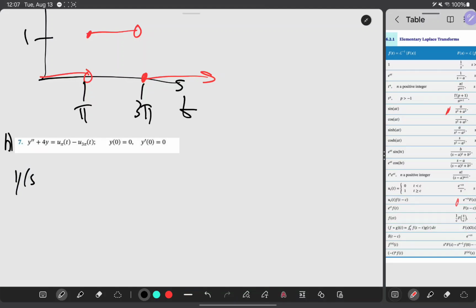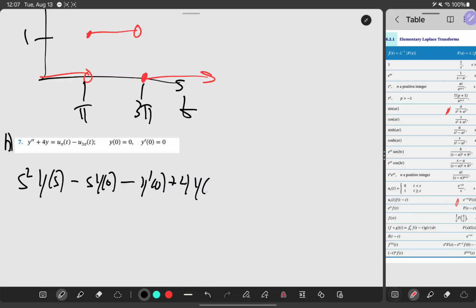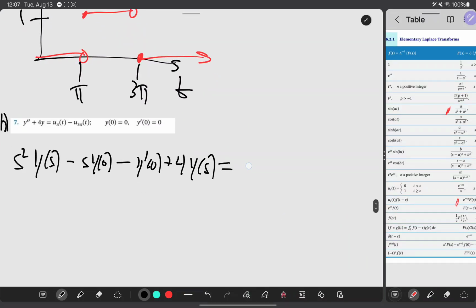Let's go ahead and take the Laplace. Plus 4 times y of s is equal to, that is e to the minus pi s minus e to the minus 3 pi s, parent functions are 1 over s for both of them.